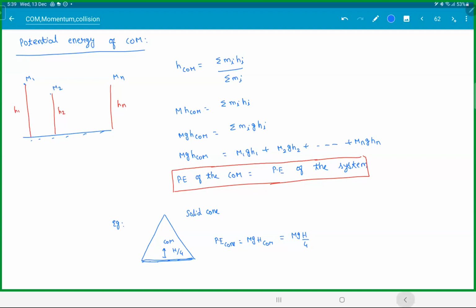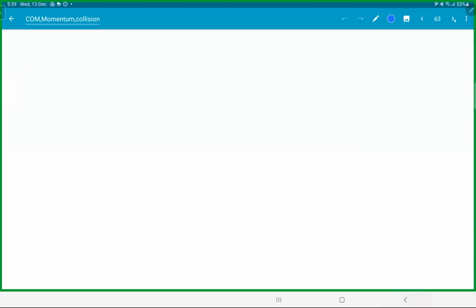Now, in the same way, you can't say the same thing about the kinetic energy. Kinetic energy of the system need not be equal to kinetic energy of center of mass.